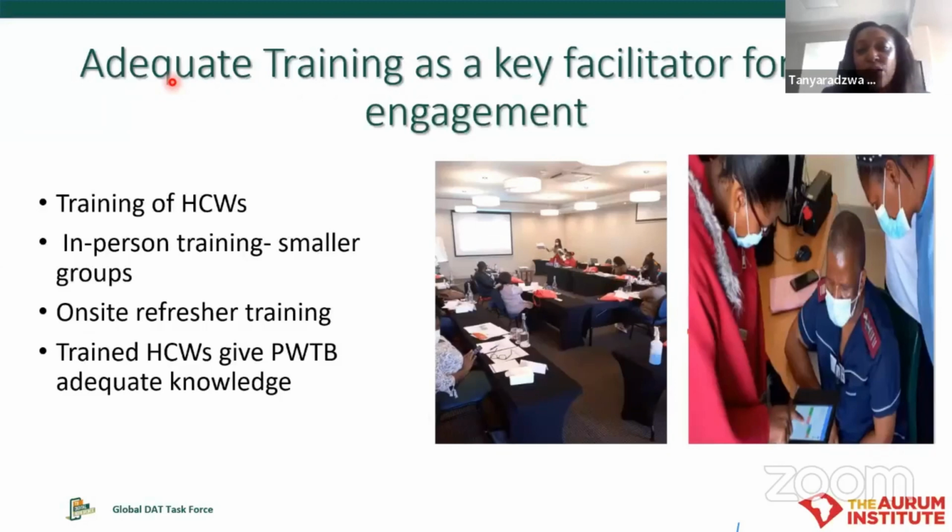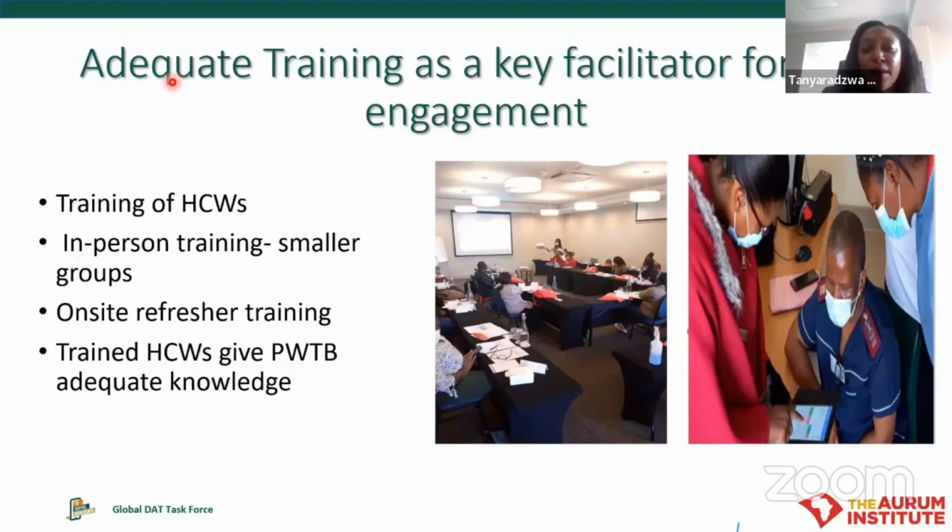The importance of the training is that it makes healthcare workers understand the purpose of the digital adherence technology and what the adherence data they view is for. Secondly, it builds their capacity so they can provide people with TB with adequate information when implementing the DATs. In South Africa, we mostly conducted in-person trainings, in smaller groups.